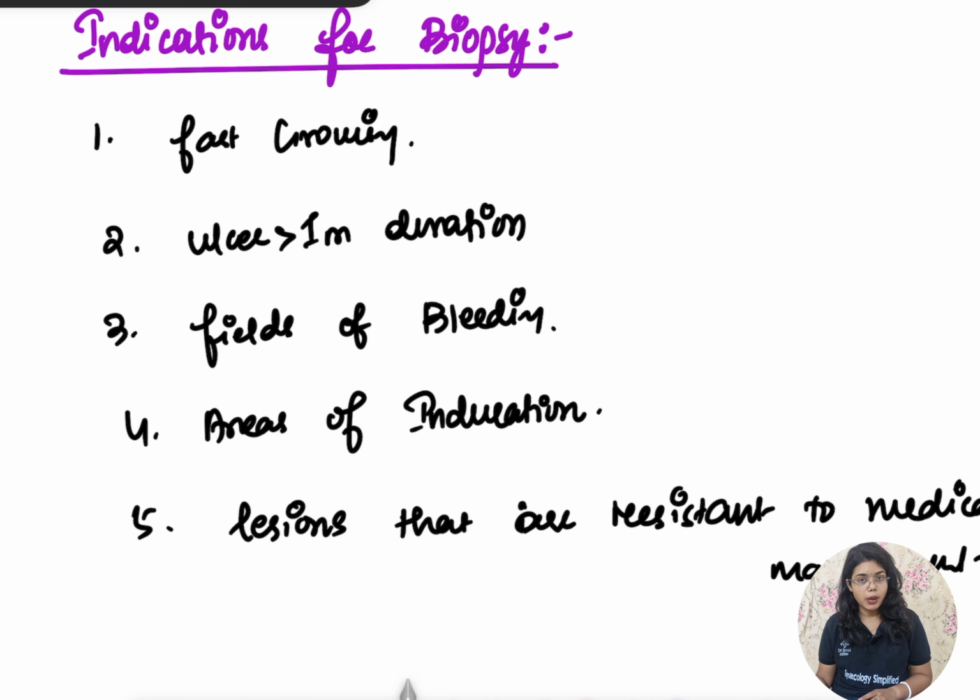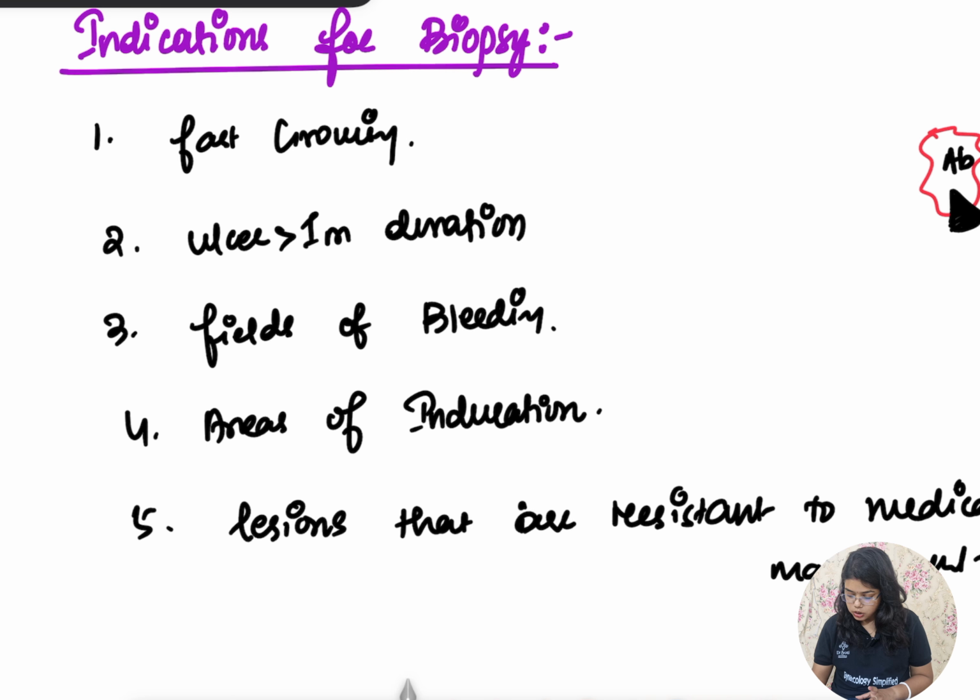and not an excisional biopsy. Incisional biopsy means, let this be the abnormal area, we take a chunk of tissue from the normal and abnormal area. This is the normal zone, this is the abnormal zone.